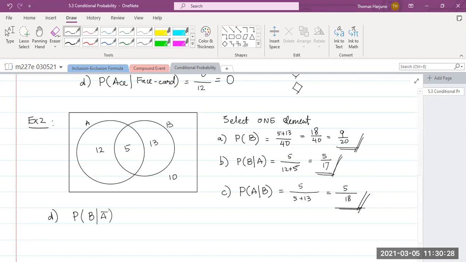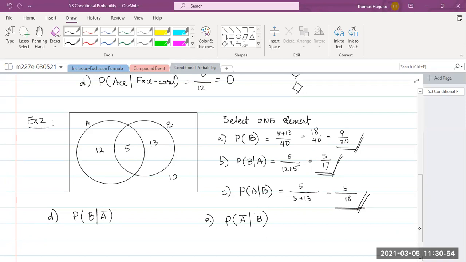So the extra knowledge that it is not in A, how will that influence our knowledge of the probability of getting something from B? And part E, what is the probability of selecting something not in A knowing it is not in B? Oh, that's a lot more difficult.